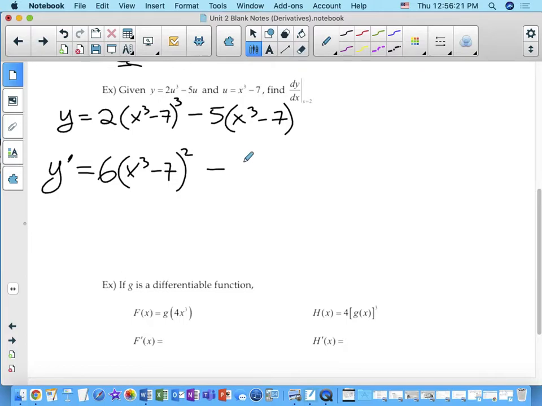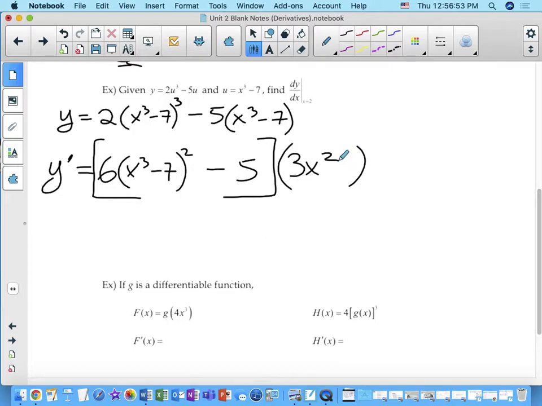Just 5. So we don't need to multiply by that. Now this entire thing needs to be multiplied by the derivative of the inner function. The derivative of the inner function is what? Yeah, it's 3x squared.